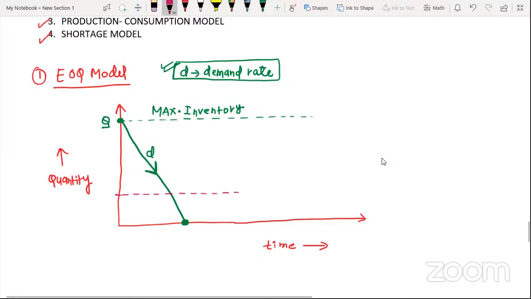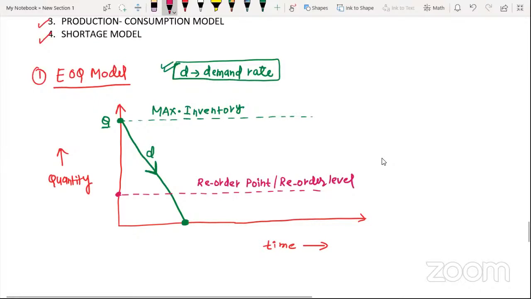Suppose this line represents the reorder point, or reorder level.